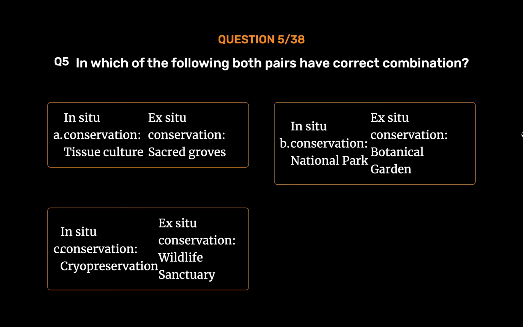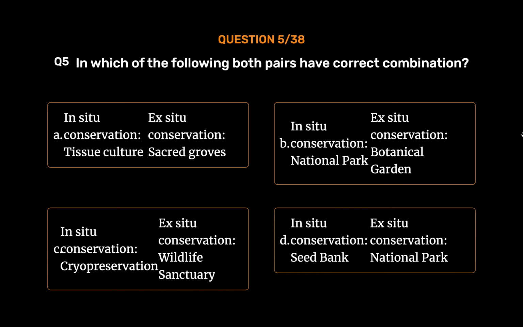Ex situ conservation, wildlife sanctuary. Option D. In situ conservation, seed bank. Ex situ conservation, national park. The correct answer is Option B. In situ conservation, national park. Ex situ conservation, botanical garden.